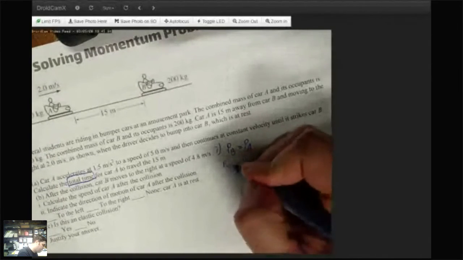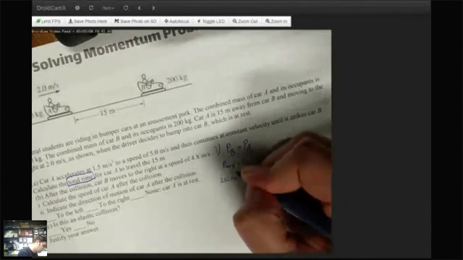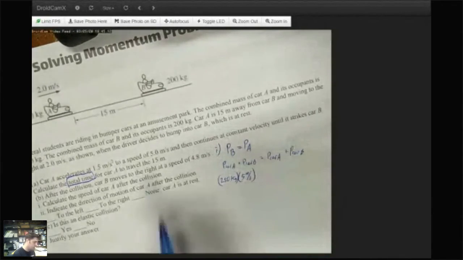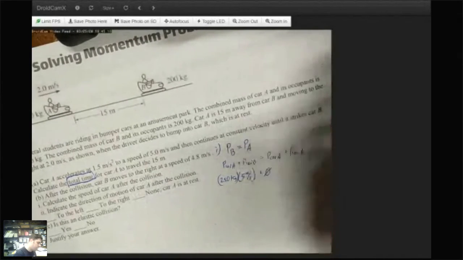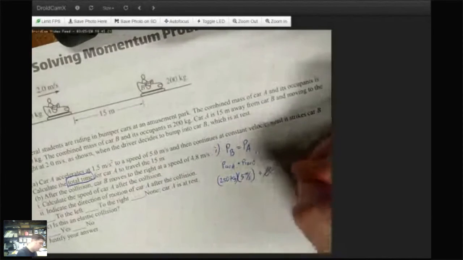So car A, mass of car A is 250 kilograms, moving at 5 meters per second, because that's the speed they told us here. Car B is at rest, right? So not moving, no momentum.